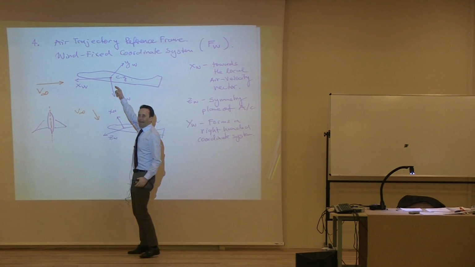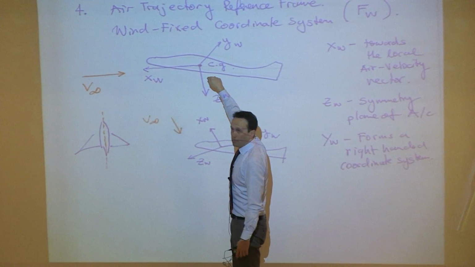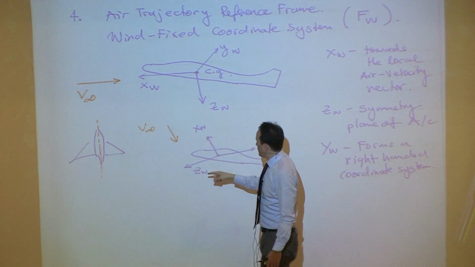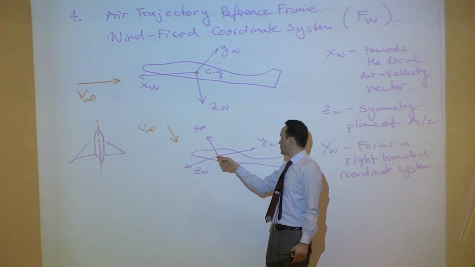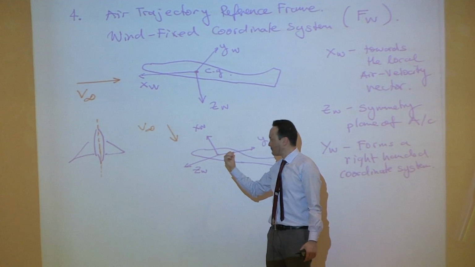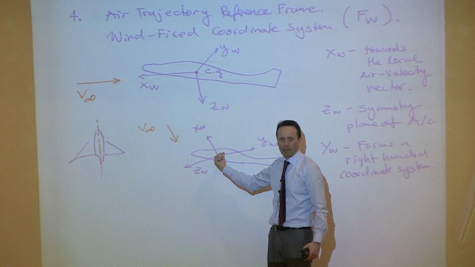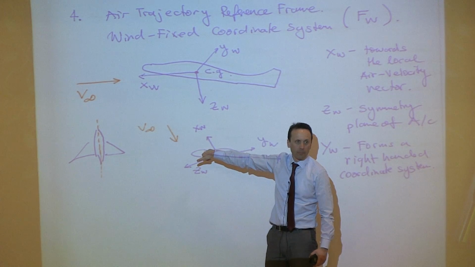Look at this one. X is pointing this way, Y is into the plane, and Z is downwards. X is pointing towards V infinity. I'm trying to do a 3D picture, but it's not very good. It is into the picture.